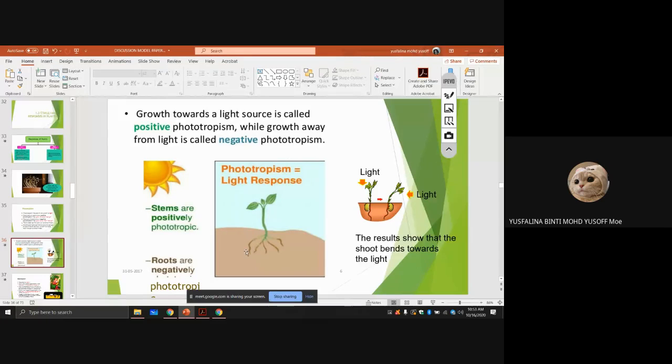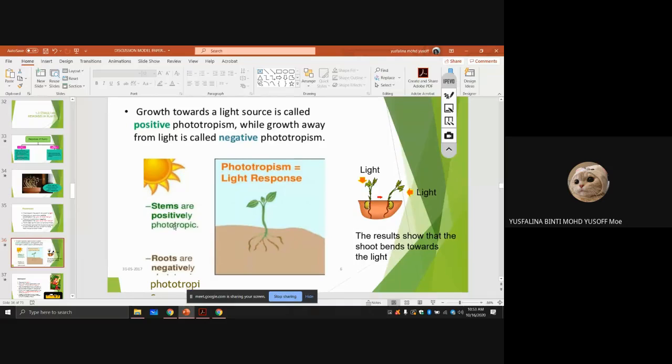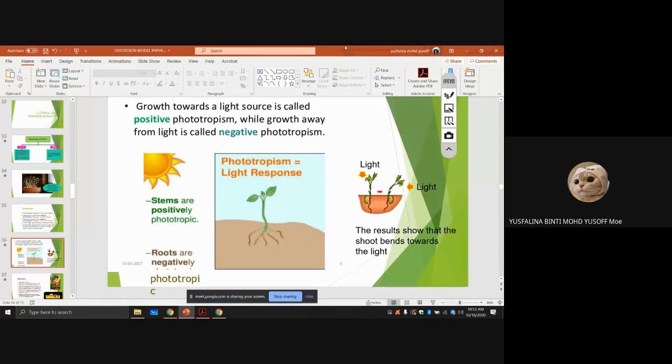That one we call negative phototropism. So this is the example. Let's say the light is here, and you can see the stem moves in this direction, towards the light. Usually the shoots or the stems show positive phototropism.